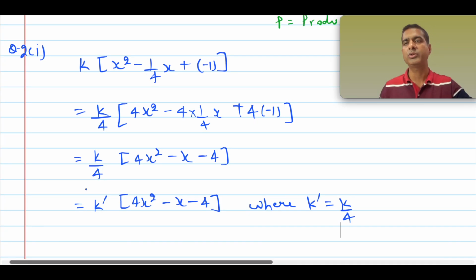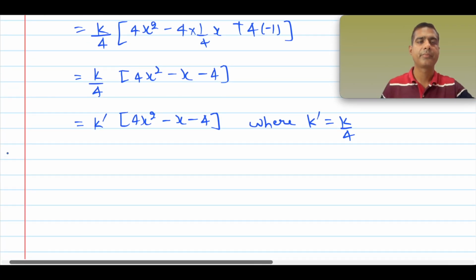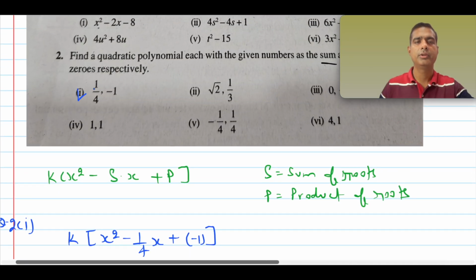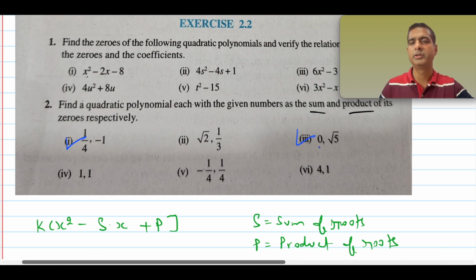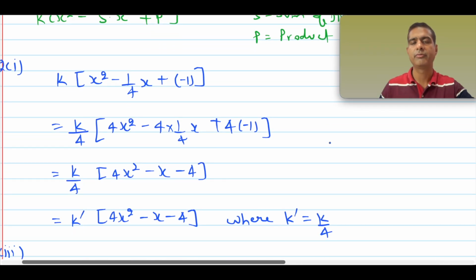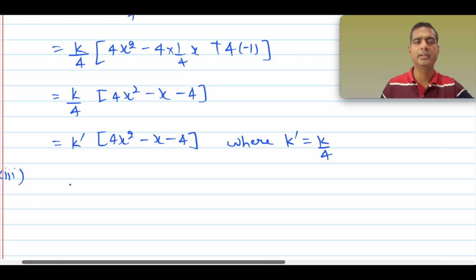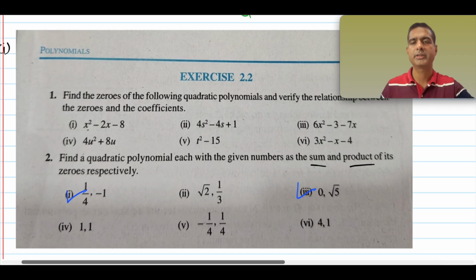Now let us try question number 2 part 3. So sum of the roots is 0 and product of the roots is root 5. So we can see here s is equal to 0 and product of the roots is root 5. So let me check once again.